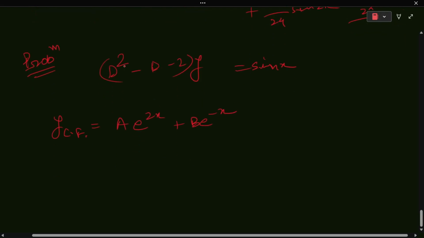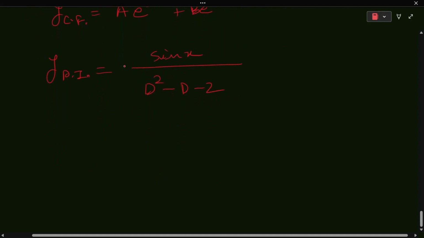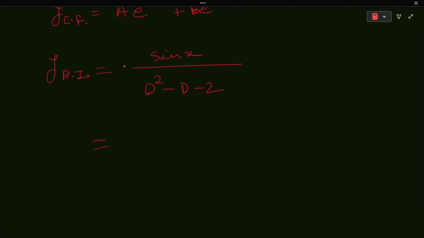Okay, so now the particular integral part, Y PI equal to what? Sine x by d square minus d minus 2. What we will do now is the sine x by f of d part. So here a is equal to 1, so d square is minus 1 square.